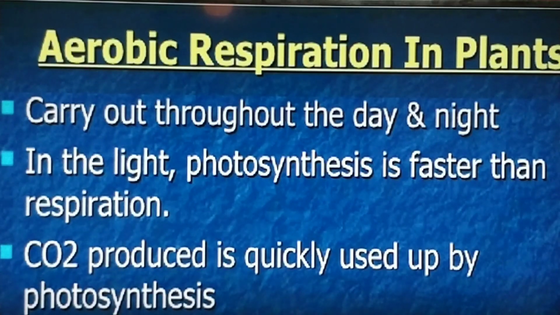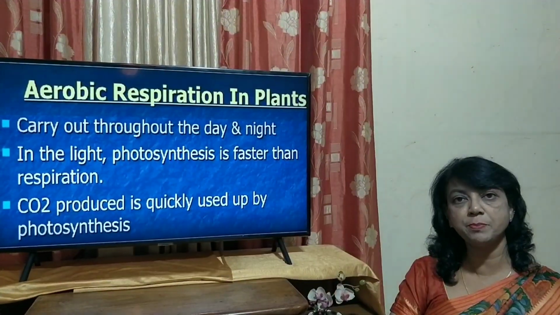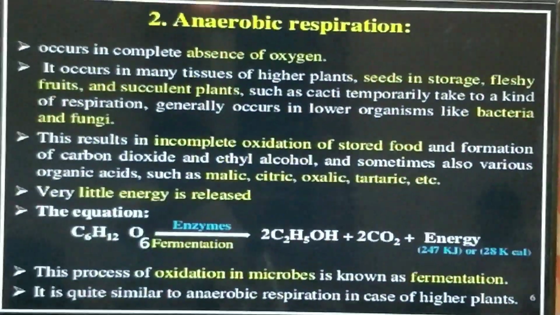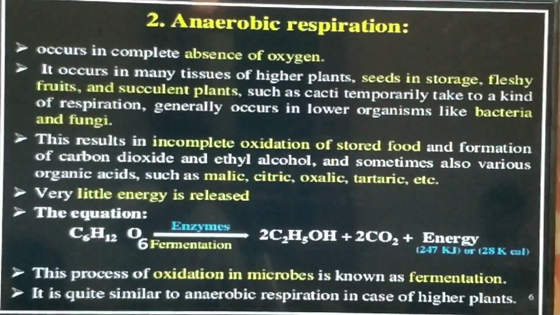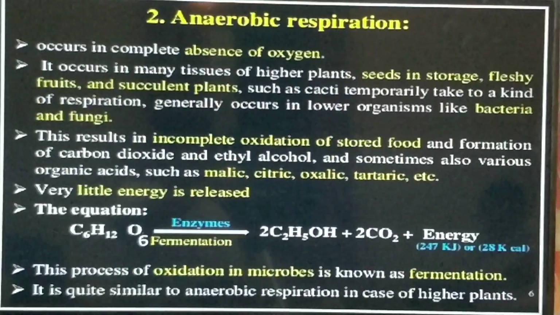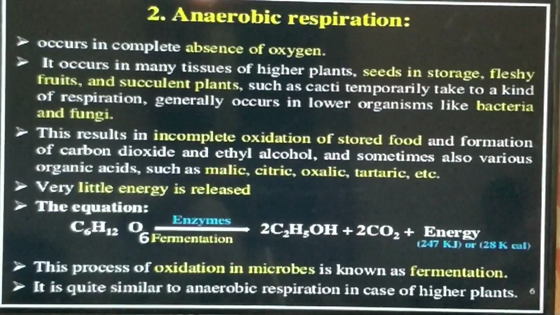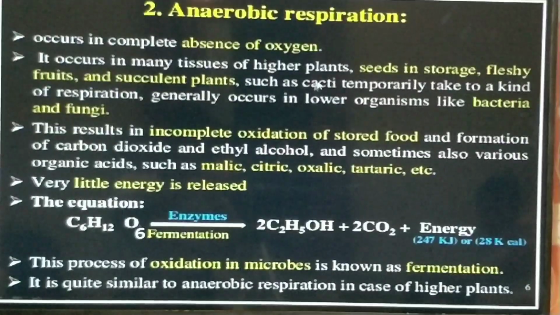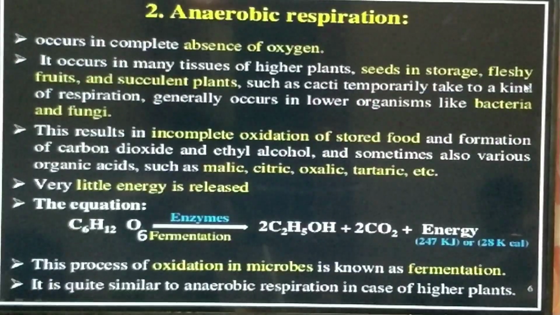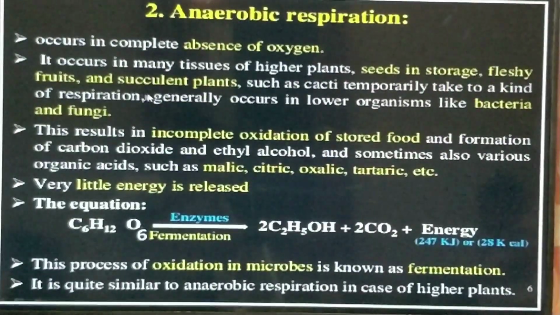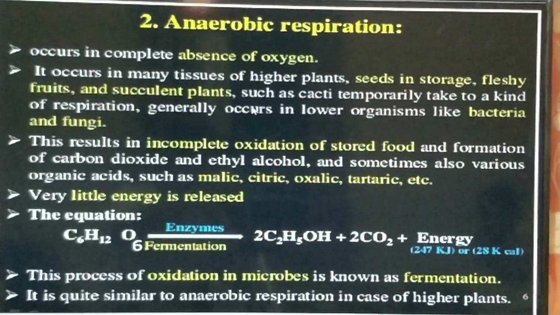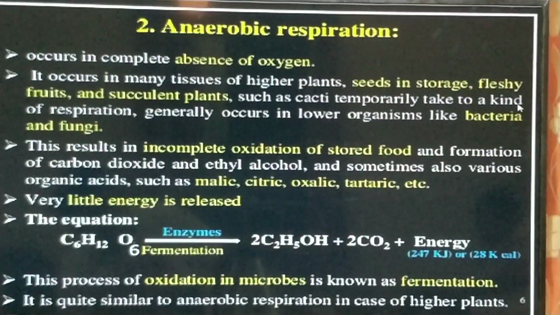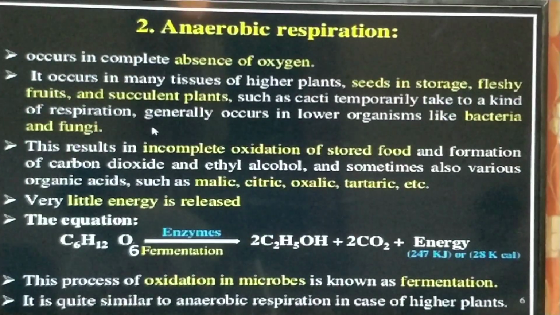Do you remember what happens in anaerobic respiration? Anaerobic respiration occurs in complete absence of oxygen. It occurs in many tissues of higher plants, seeds in storage, fleshy fruits and succulent plants such as cacti, which temporarily take to this kind of respiration.